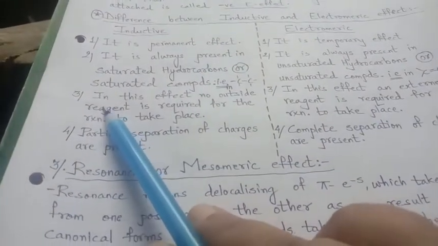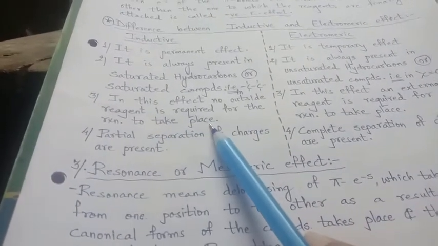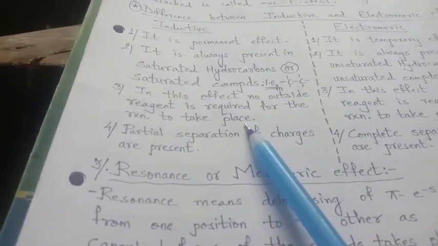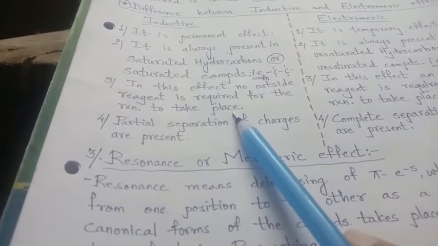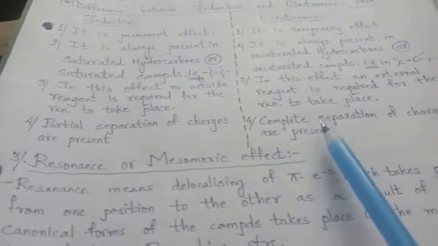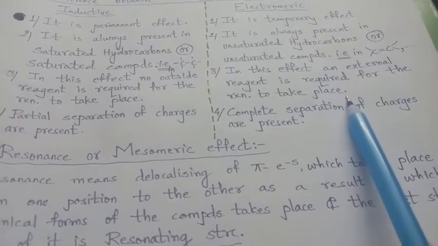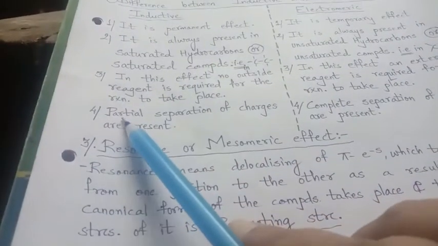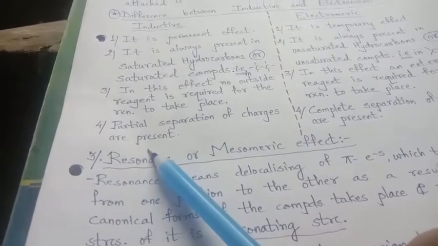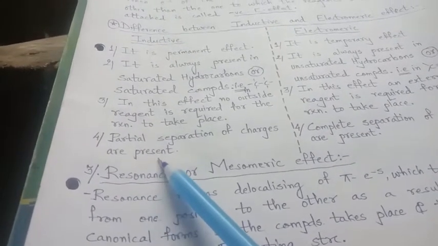The third difference is that in the inductive effect no outside reagent is required for the reaction to take place, because it always has a substituent which is electronegative, like fluorine, chlorine, bromine. So no outside reagent is required, but in the electromagnetic effect an external reagent is required for the reaction to take place. In the inductive effect, partial separation of charges is present because the complete electron pi cloud is not changing.